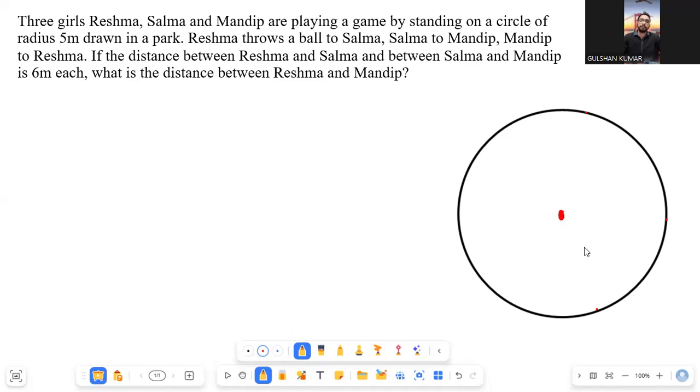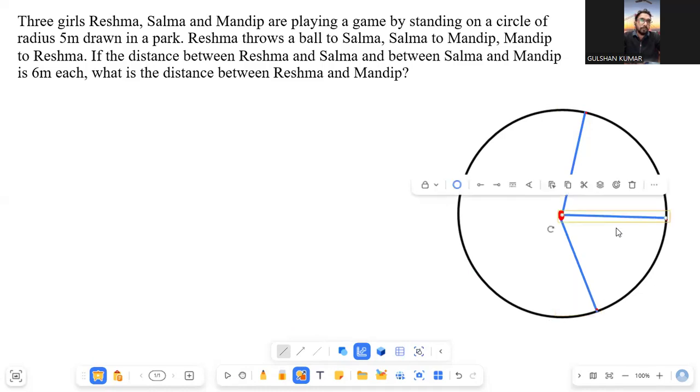Starting with Salma, from here we have 5 meter, from here 5 meter, and from here 5 meter. All are standing on the circular path, the circumference of the circular path.